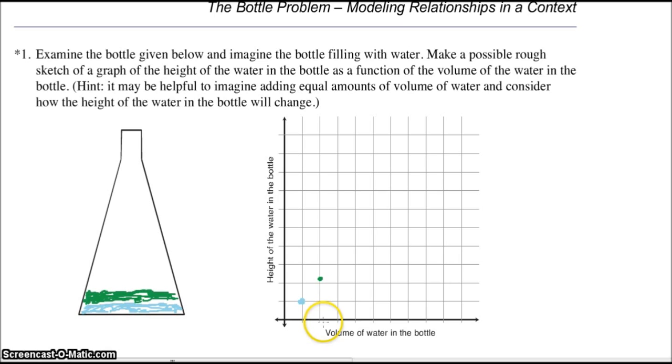So when I go one more unit of volume, I'm not going to have exactly the same change in height as from 0 to this point here, but there's a little bit more. And then if I fill in the same amount of volume again, it's going to go even higher because I don't have as much length, so I have to compensate and make it thicker or higher.